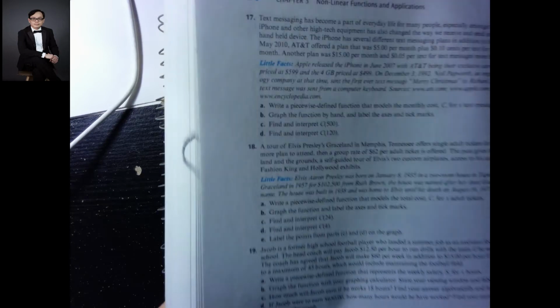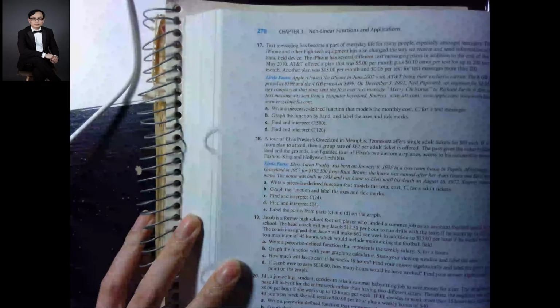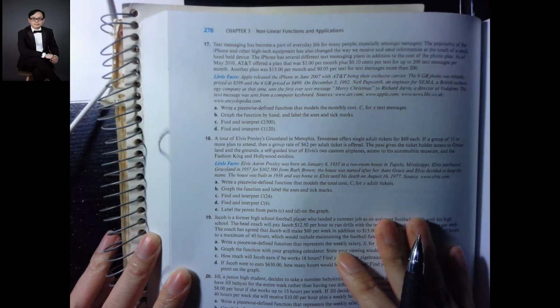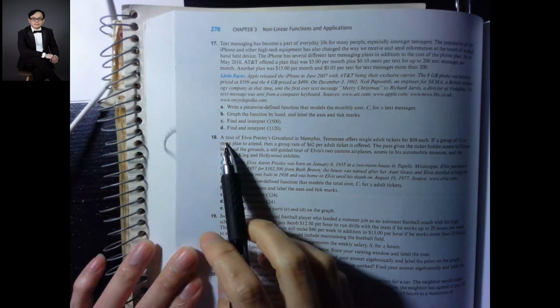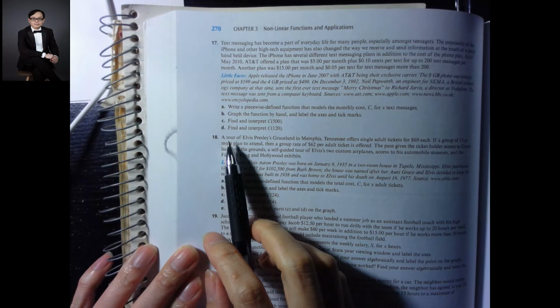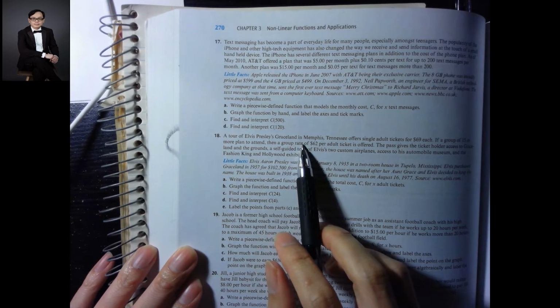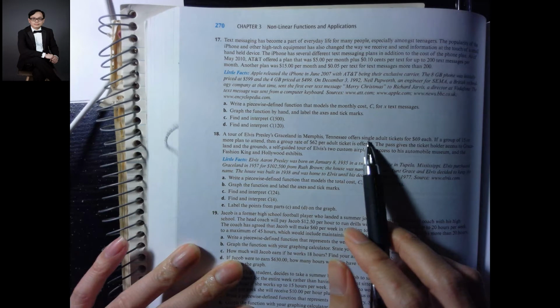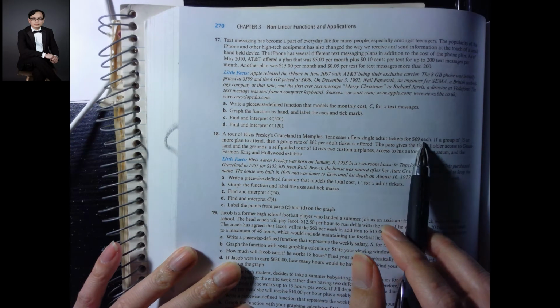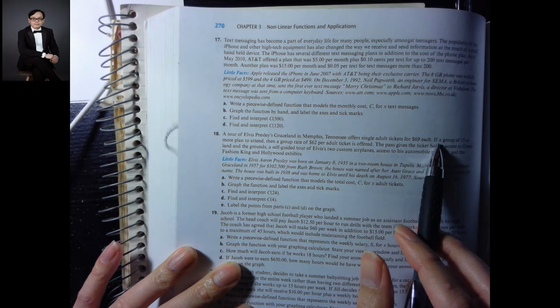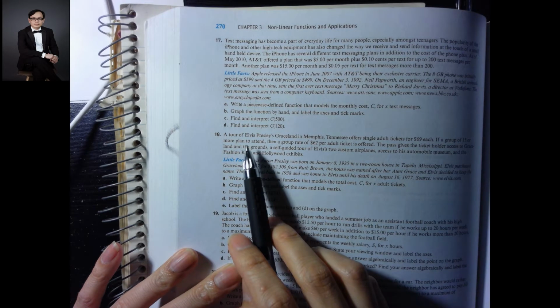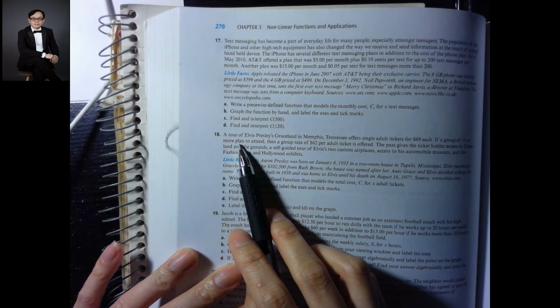Let's read the problem together. A tour of Elvis Presley's Graceland in Memphis, Tennessee offers a single adult ticket for $69 each. If a group of 15 or more plan to attend, then a group rate of $62 per adult ticket is offered.